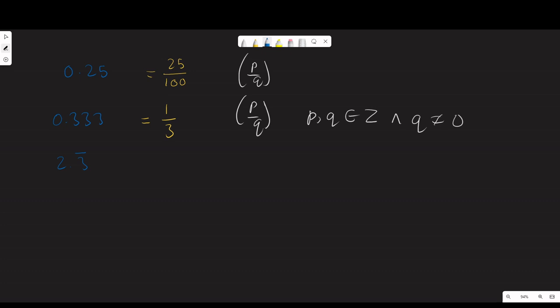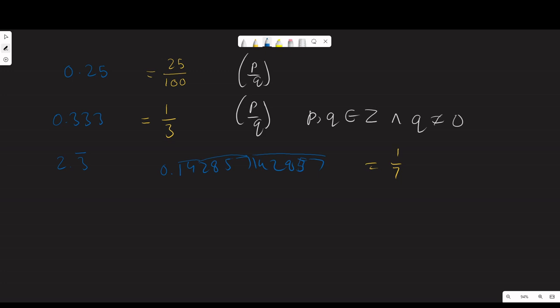And so can this number, 0.142857142857 and so on. This is recurring, and this can actually be written as 1 over 7.